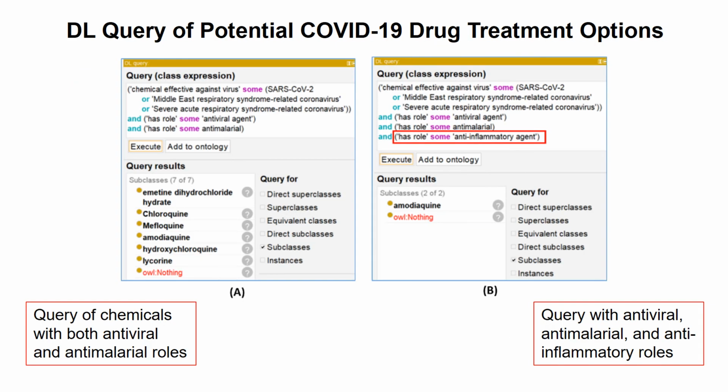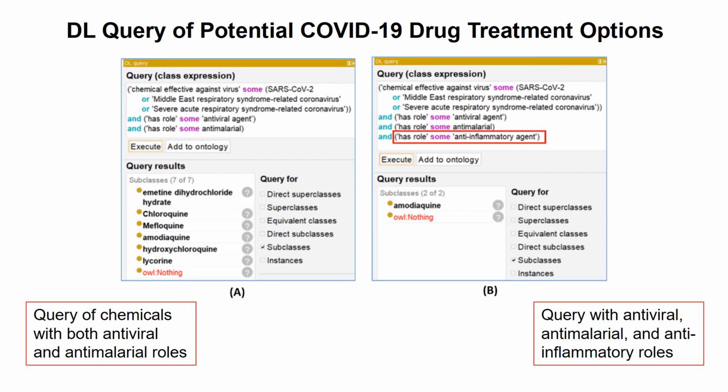And then we can also use CIDO for description logic query. Here is one example. We can identify the chemicals that have been experimentally found to be effective against SARS, MERS, and SARS-2, and have antiviral agent role and then anti-malaria role.